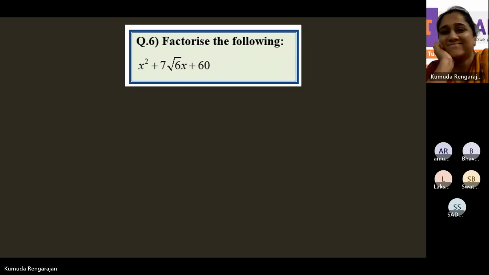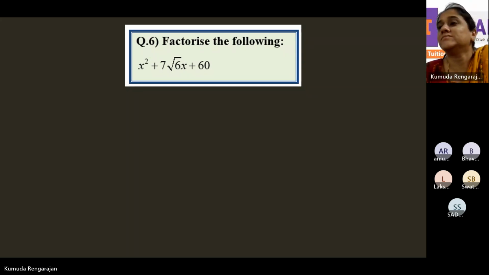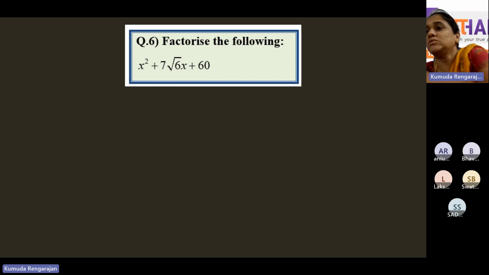Minus 16 minus 5 is minus 21. Correct? Now it will be minus, so here it will be plus 5x. Now it's right.